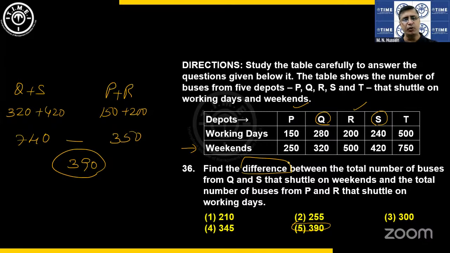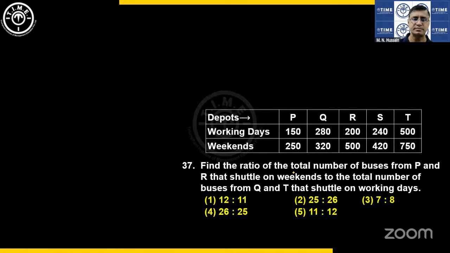Now look at the next example on your screen. Find the ratio of the total number of buses from P and R shuttle on weekends. P and R weekends, 250 plus 500, that is 750.